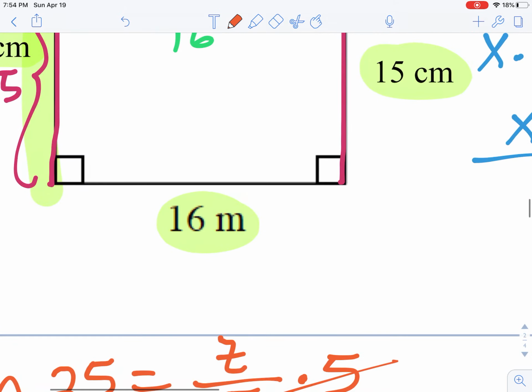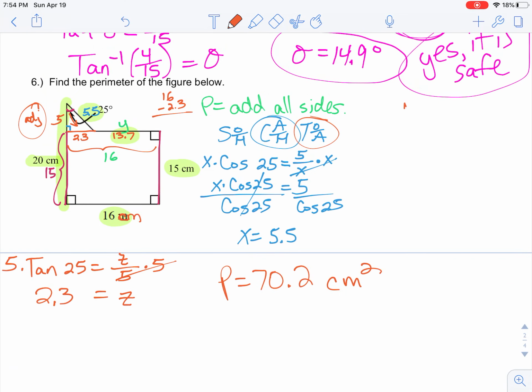I am going to go out on a limb and guess that this was supposed to be centimeters and I accidentally left it to be meters. So the perimeter is 70.2 centimeters.